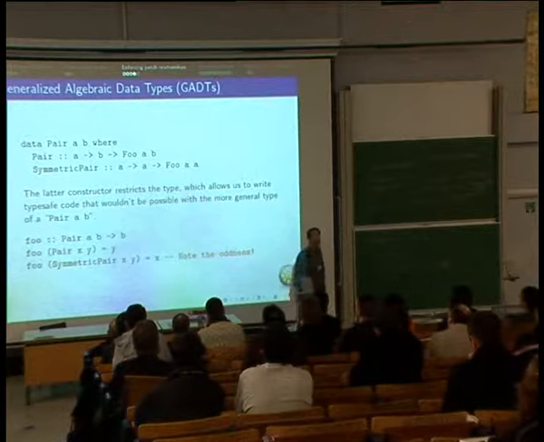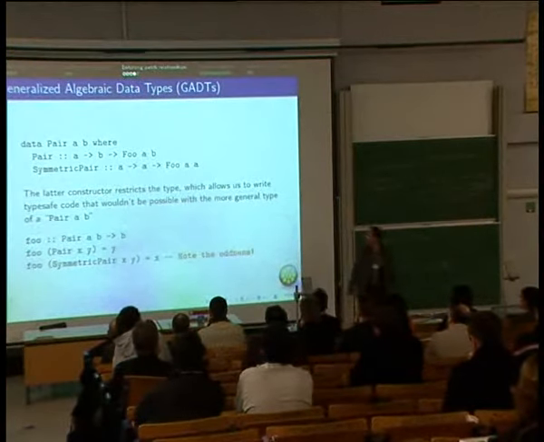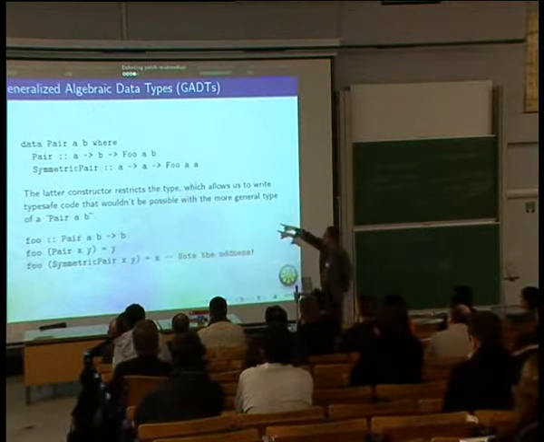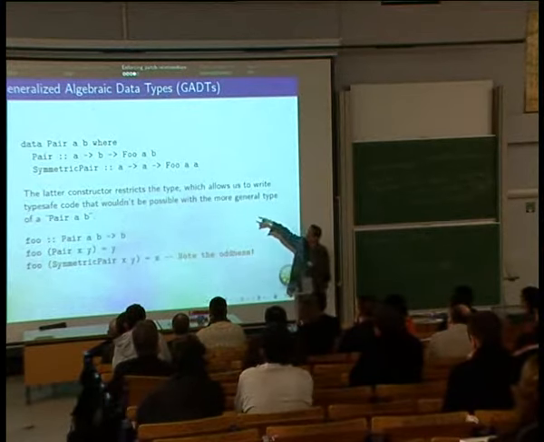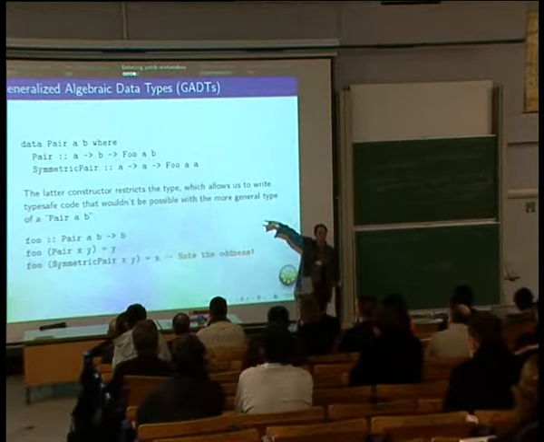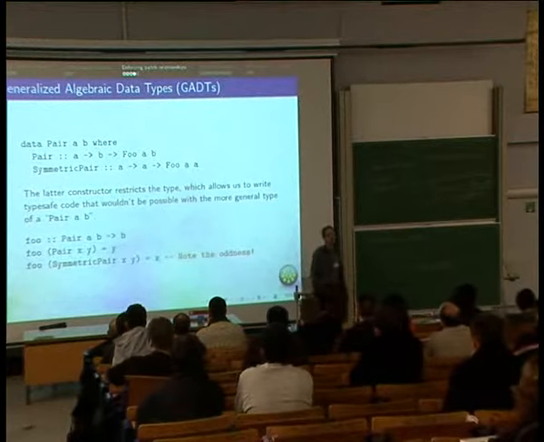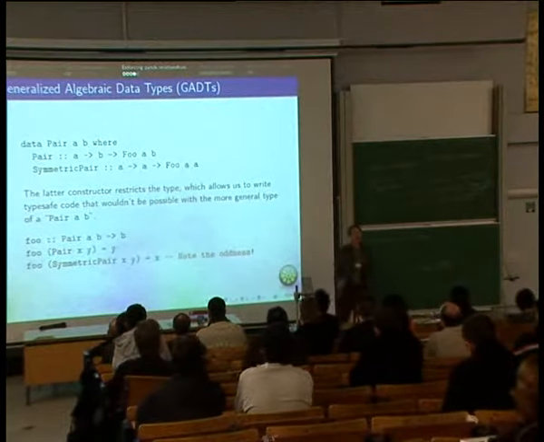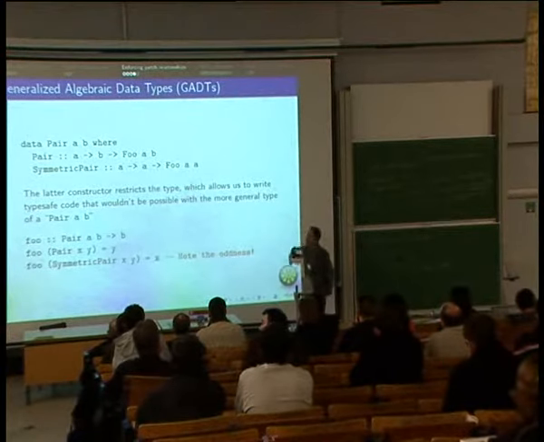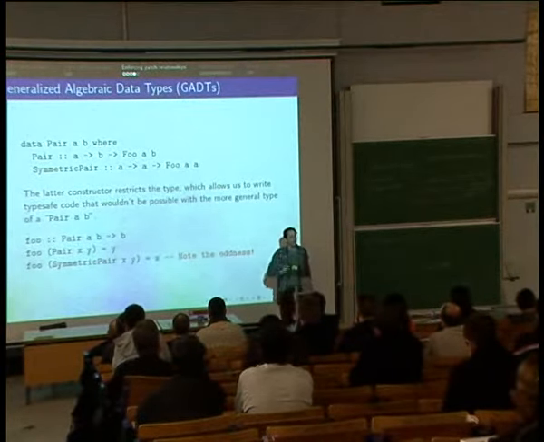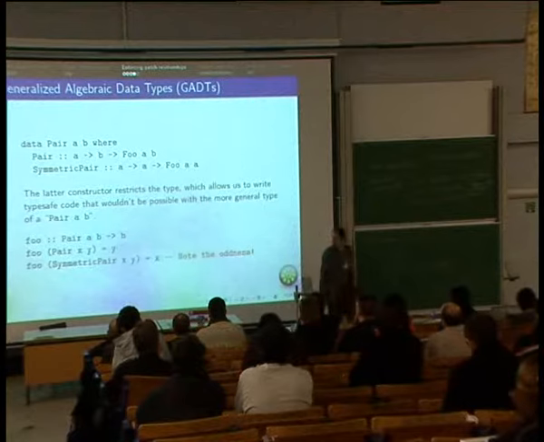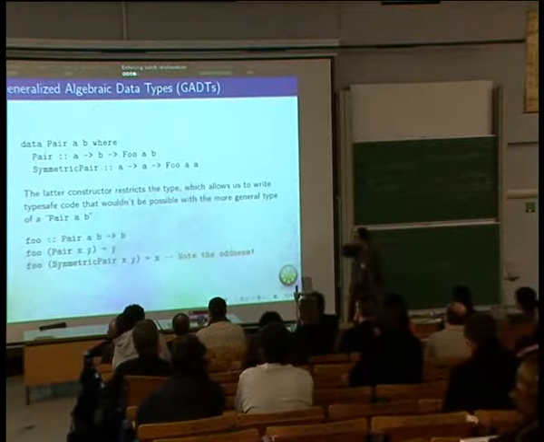And this is where the power of generalized algebraic data types comes in, in that the symmetric pair has a more restricted type than the pair does. It's also a pair, but it's a pair in which both of the two objects have the same type. And so this allows us at runtime, when we're given a pair, to look and see whether it's a symmetric pair or a pair, and that affects the type system, and we have static checking of this.